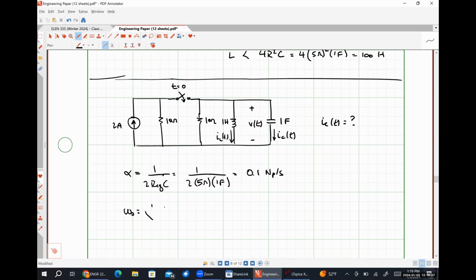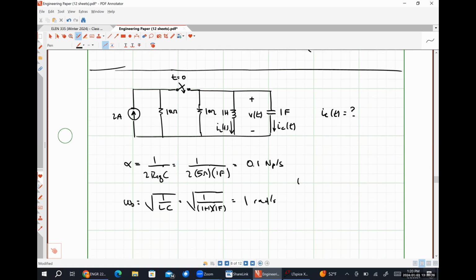Omega naught is the square root of 1 over LC, the square root of 1 over 1 Henry times 1 farad, which is 1 radian per second. Omega naught is greater than alpha, so we're good to go there.